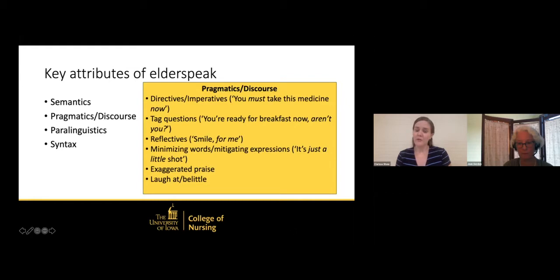And so often with pragmatics, we see that interplay between how a nurse can control the situation while also appearing caring. The first example is directives and imperatives, and that's just appearing controlling. For example, you must take this medicine now. Tag questions are when you really need to control the situation, like get a resident to breakfast, but you want to appear more caring.